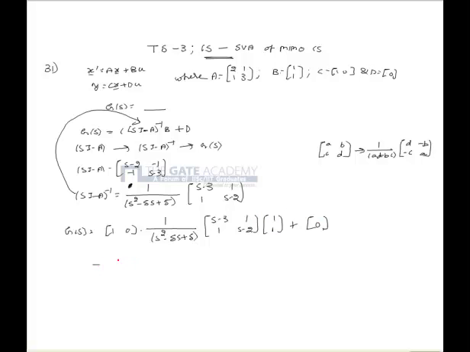This can be further simplified as 1 by (s square minus 5s plus 5) multiplied by [1 0]. Then on doing the matrix multiplication of these two matrices, we can get s minus 2 and s minus 1.